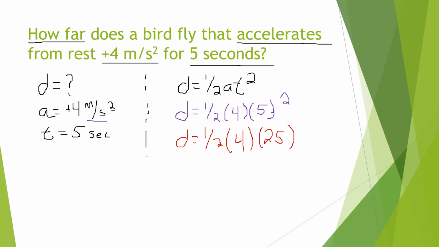And now I'm just going to multiply this line straight across. 1/2 of 4 is 2. So when you see this 1/2, you can think about it in 2 ways. You can think about it as divide by 2 or times 0.5. But either way, it's the same thing. 1/2 of 4 is 2. 2 times 25 is 50. Just type it in your calculator at that point.